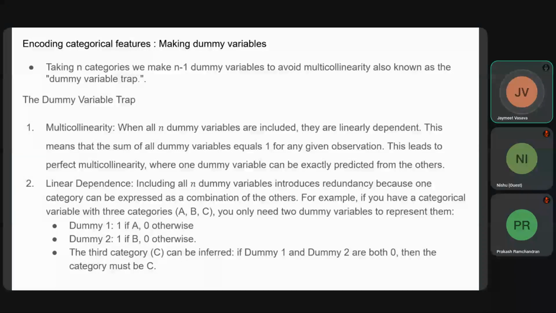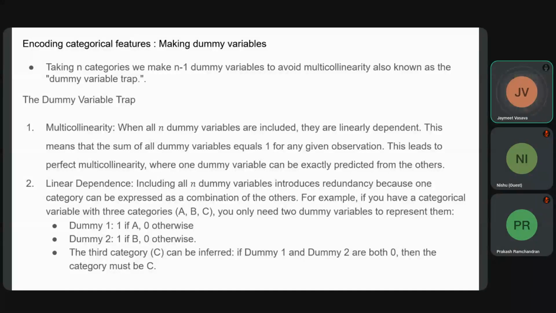Let's see in detail what the statements have to say. Including all the n dummy variables introduces a redundancy, because one category can be expressed as a combination of others. For example, if you have a categorical variable with three categories A, B, C, you only need two dummy variables to represent them. Dummy one is one if A, zero otherwise, and dummy two is one if B, zero otherwise, and the third category C can be inferred.